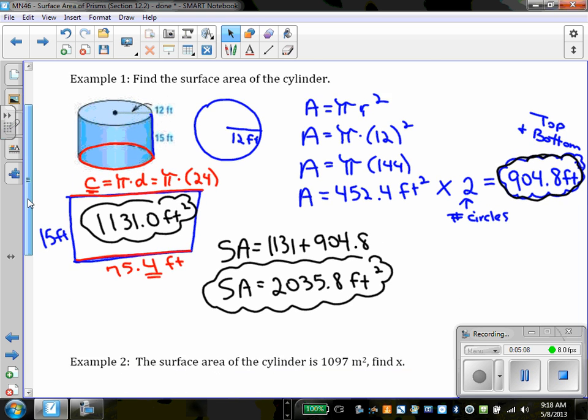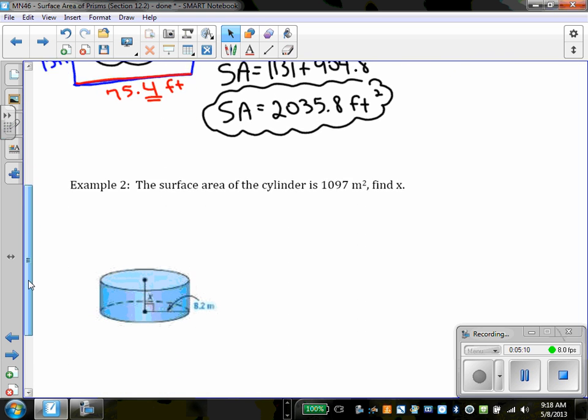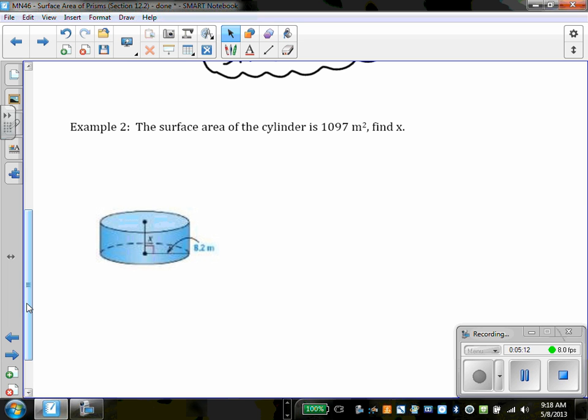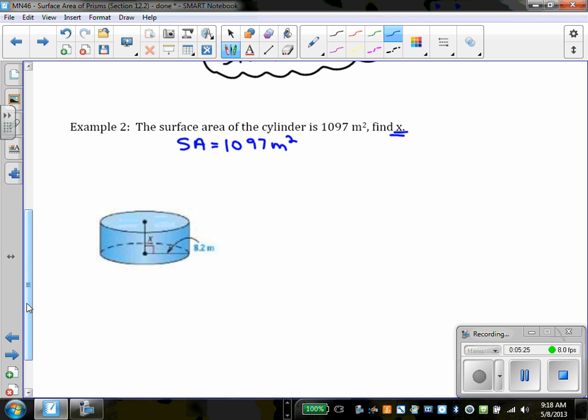Now down here, in example number 2, this is an example where they're giving us the surface area. The surface area right here, as it states, is going to equal 1,097 meters squared. We need to find the x. And if you look at this, the x is right here, which is the height of the cylinder.